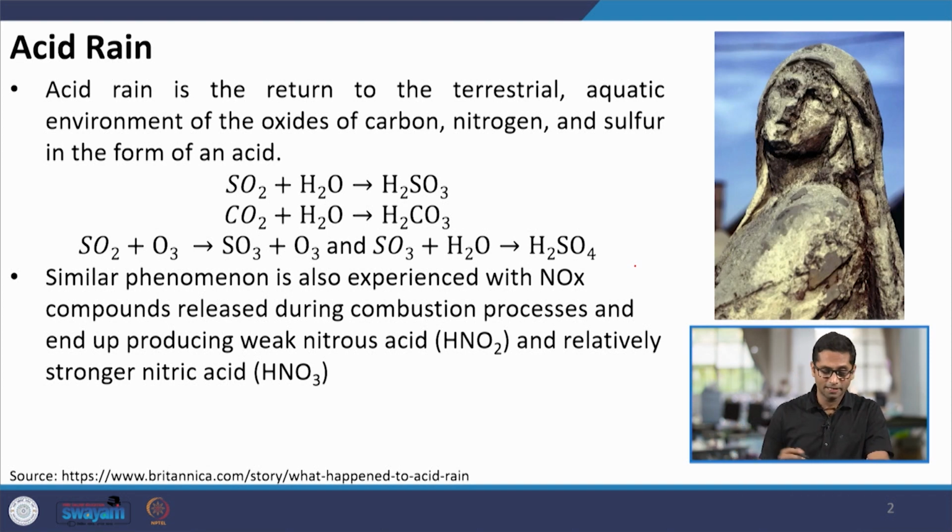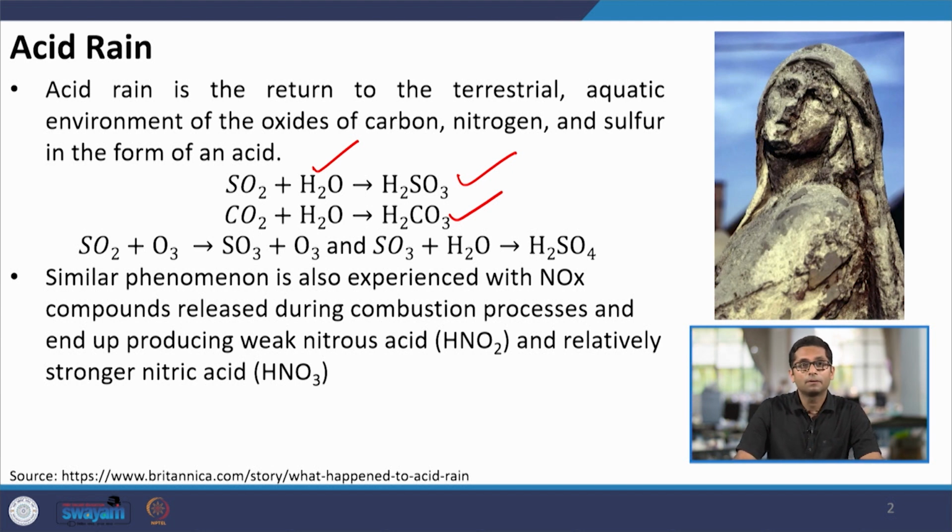So, these sulfur oxides might combine with the water available in the atmosphere and form weak acids like sulfurous acid, or even the CO2 that is vented out in the atmosphere can react with water to form a weak acid like H2CO3.